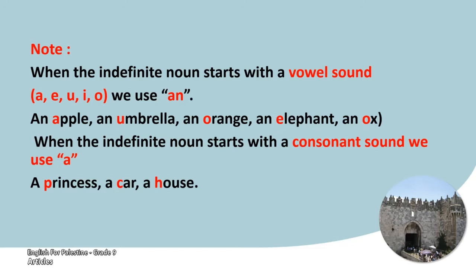For example, an apple, an umbrella, an orange, an elephant, an ox. When the indefinite noun starts with a consonant sound, all the other sounds except for a, e, i, o, u, we use a. Example, a princess, a car, a house. Okay?